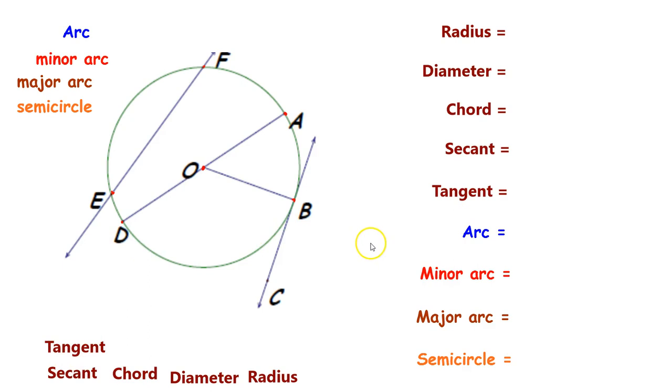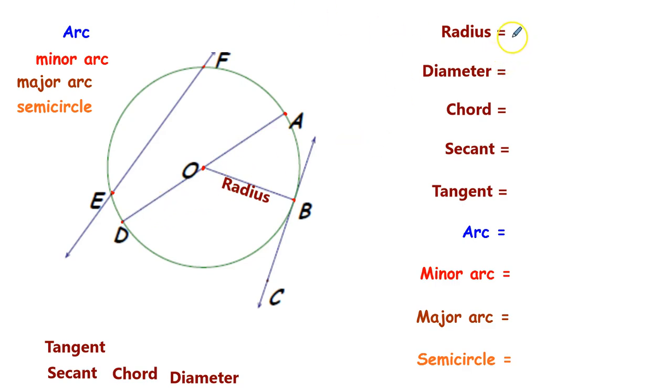Okay, let us see what is the radius here. We see that O is the center, and for any point on the circle, I can say OB is the radius. Not only is OB the radius, if you want you can also write OA as the radius, or OD is the radius, right?